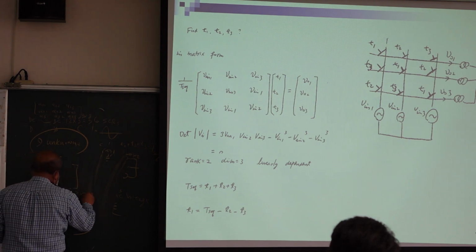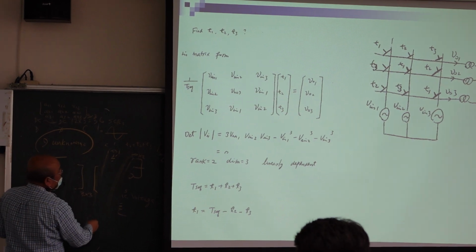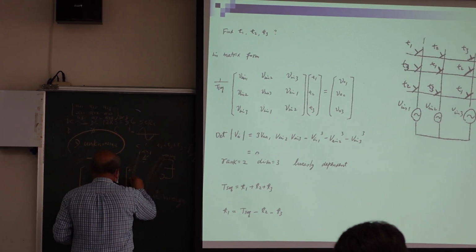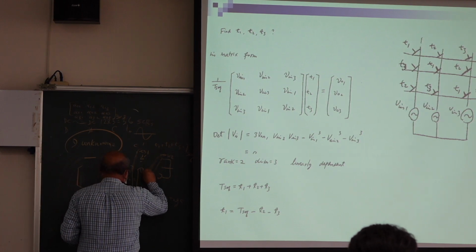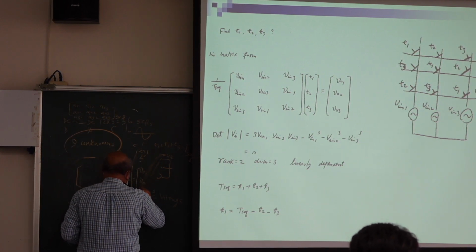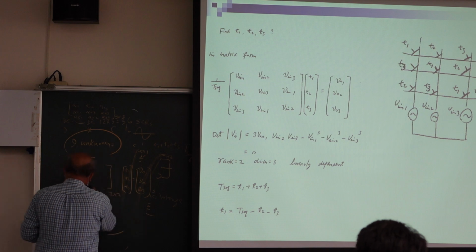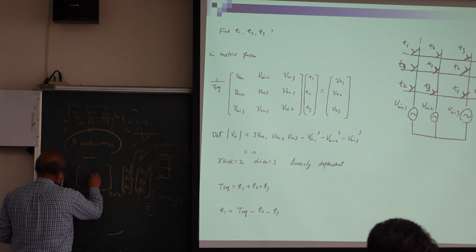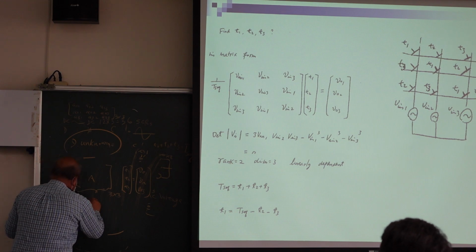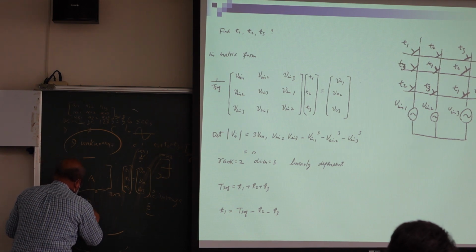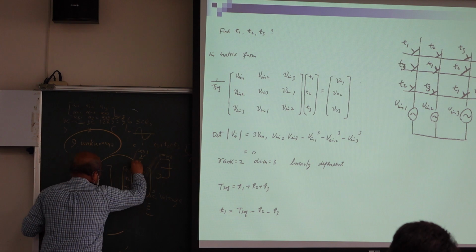a 3 by 3 matrix, and you have to solve for T1, T2, T3, and you have VO1, VO2, VO3. So how can I solve this equation? You can say T1, T2, T3, we can move this to here.